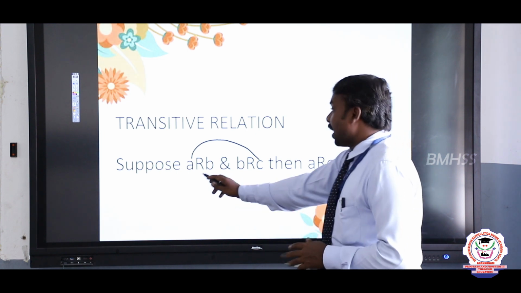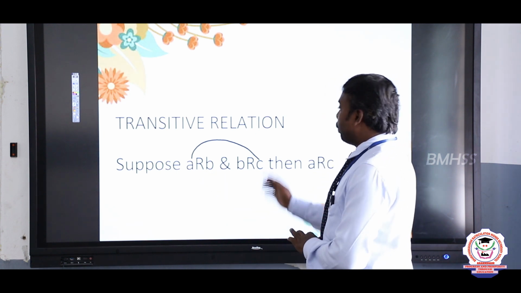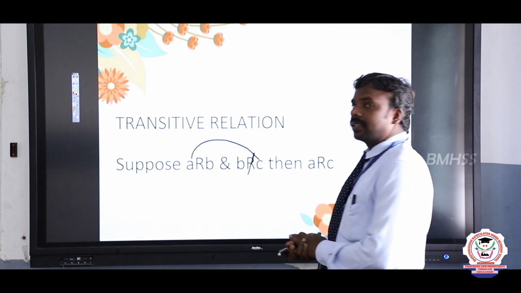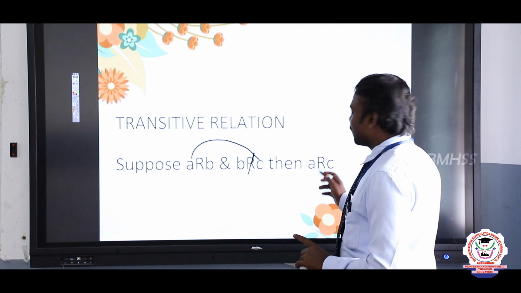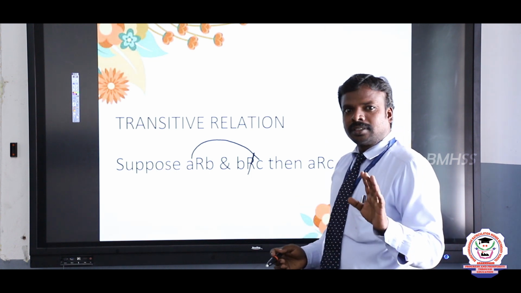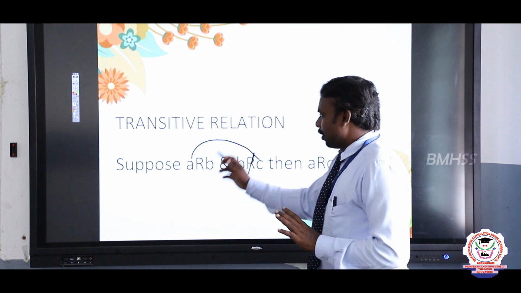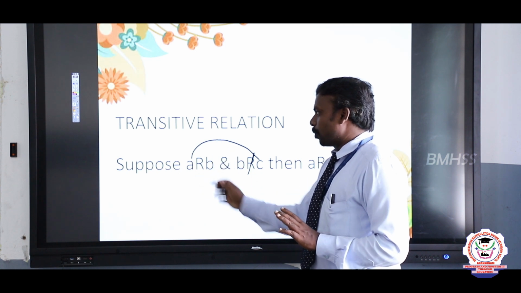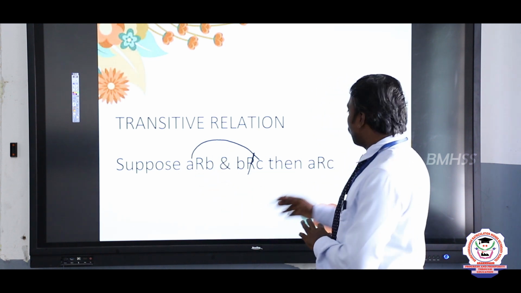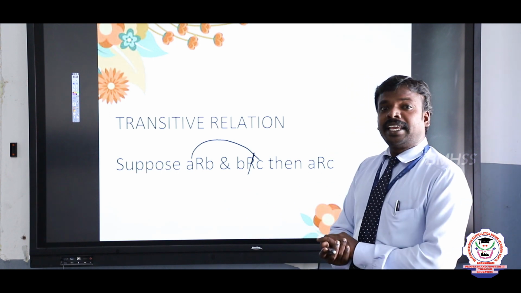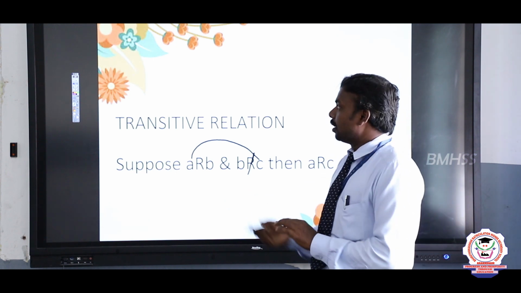Suppose A is related to B, but B is not related to C. Then no need to check whether A is related to C or not. Do you understand?